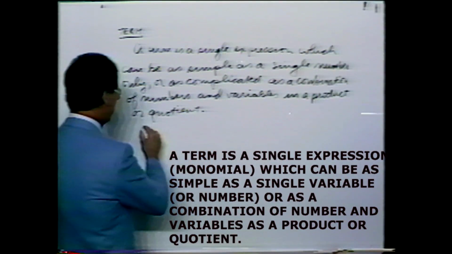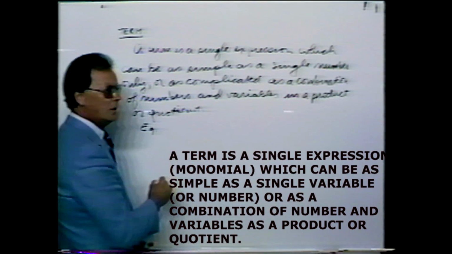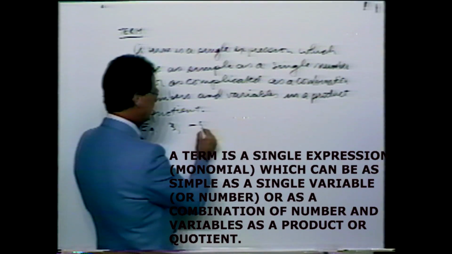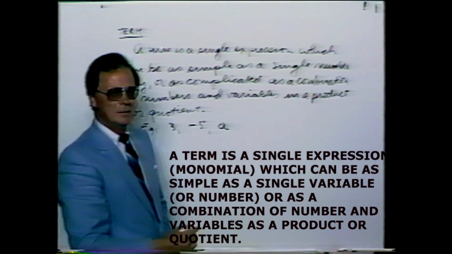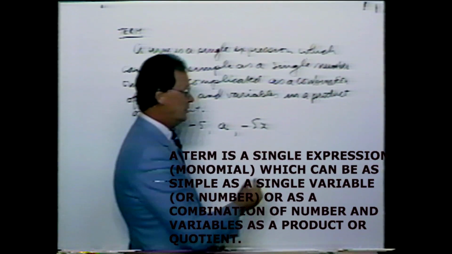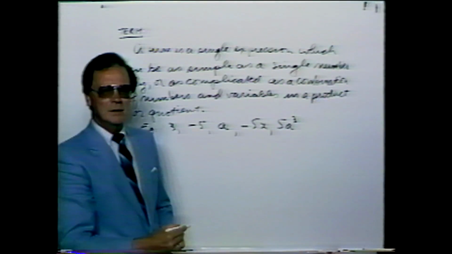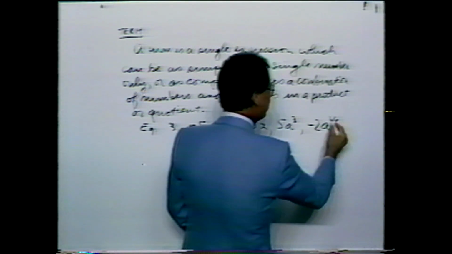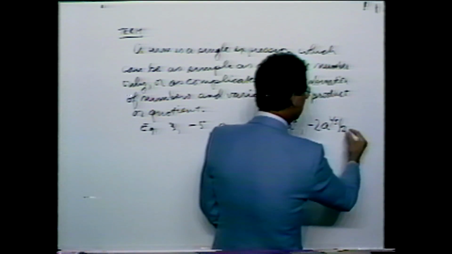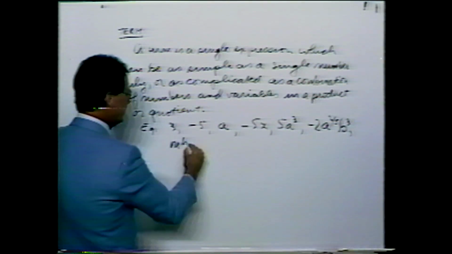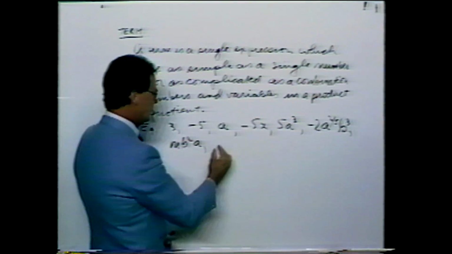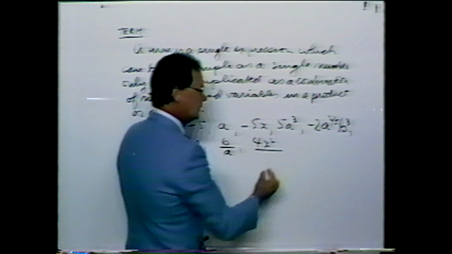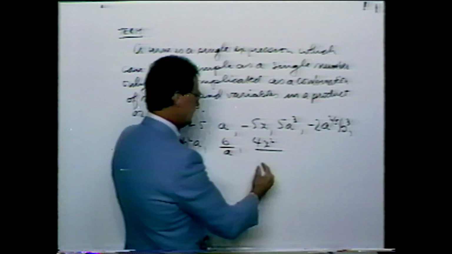For example, these are all terms. 3, minus 5, a, minus 5x, 5a cubed, minus 2a, 2/5 b cubed, mb squared a, 6 over a, 4x squared over 3yz cubed.